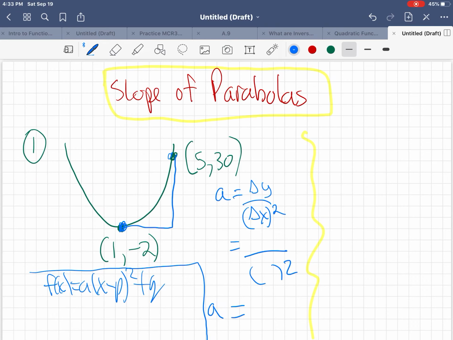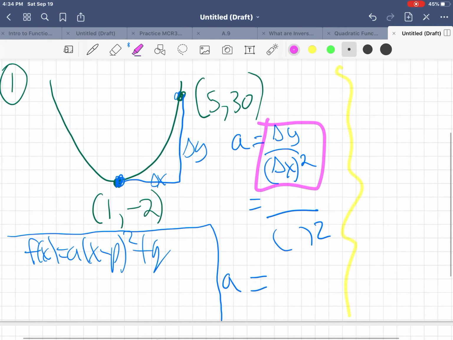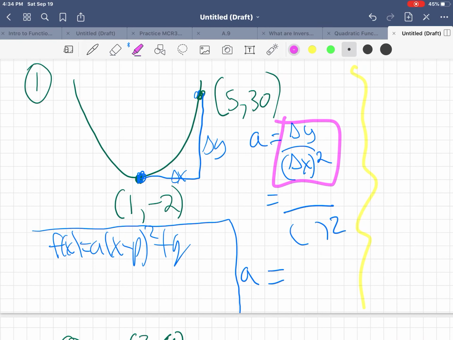So this is your delta x there, that's your delta y there. Now think about this for a second. With a line, it's delta y over delta x. So it only follows that the slope of a parabola is delta y over delta x squared. y equals x squared, right?